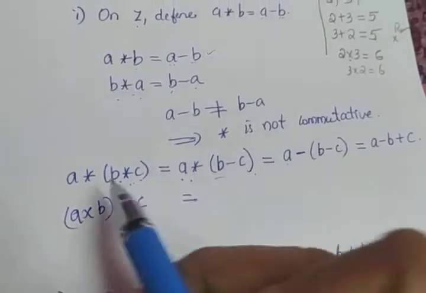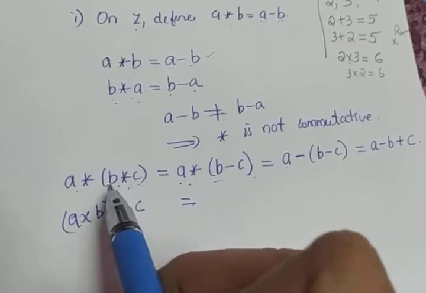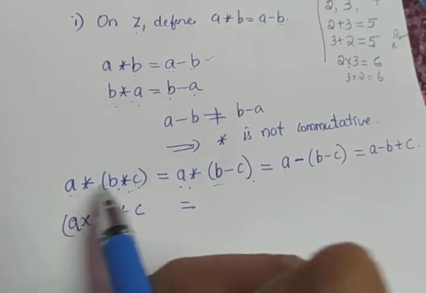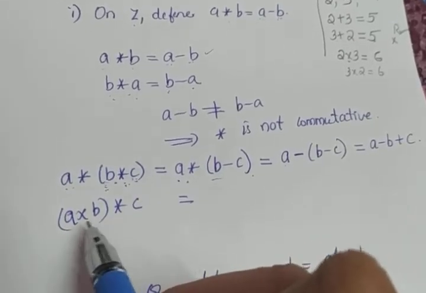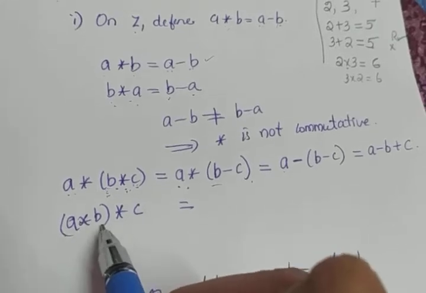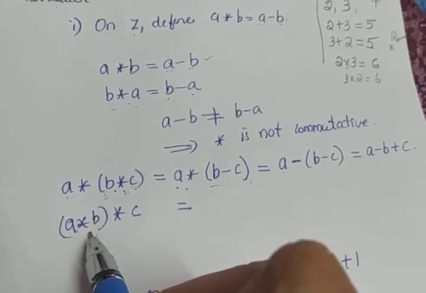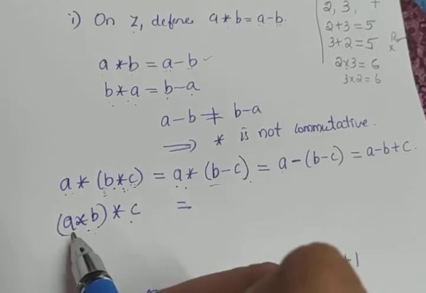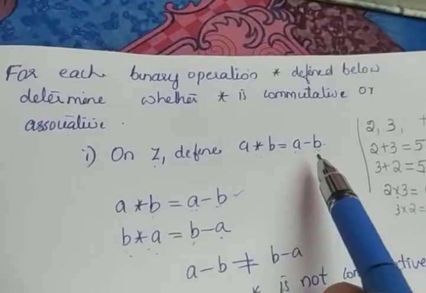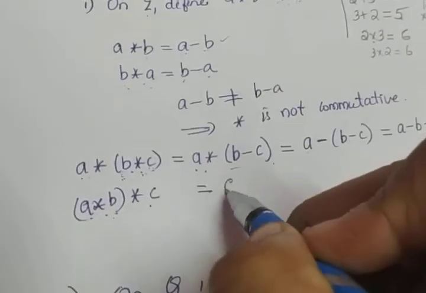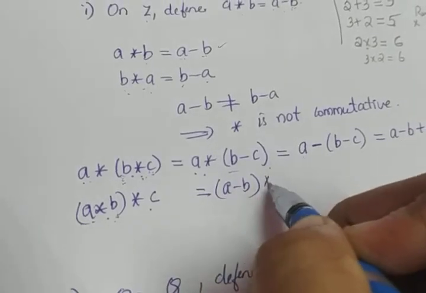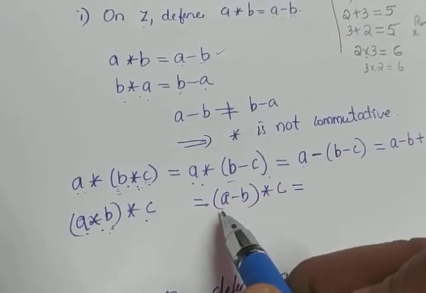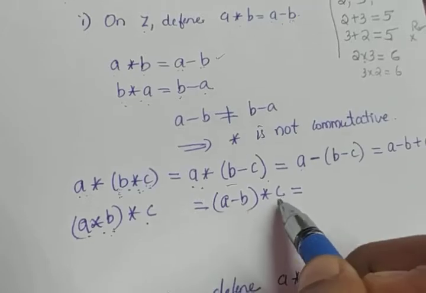What makes the difference? In this case, we are doing B star C and we are operating A with the B star C. In the second case, we are operating A star B first, and together with the resultant value, we are operating C. What is A star B? By definition, A star B is A minus B. So, A minus B star C, isn't it? So here also there are two terms. A minus B is one term, C is the second term.